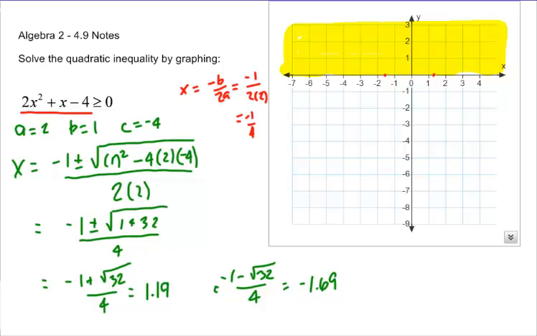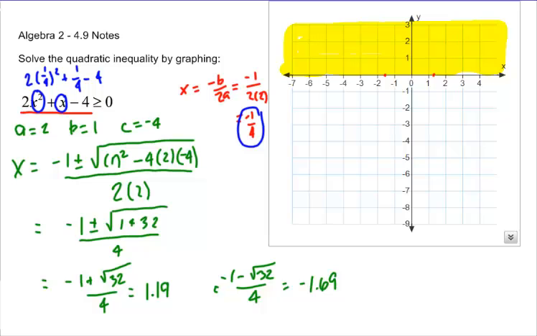And to get the y-coordinate that matches, you take the 1/4 and you plug it into x over here. So what you're going to end up with is 2 times 1/4 squared plus 1/4 minus 4. And what you'll need to do is punch that into your calculator, and when you do that, you'll get your y-coordinate that matches.